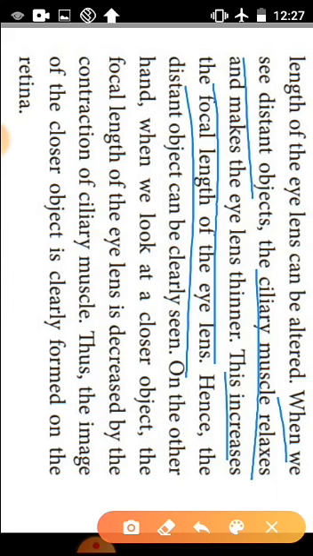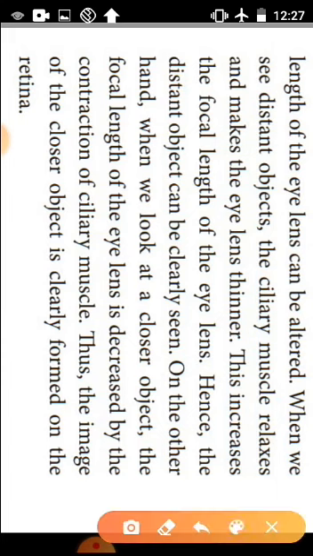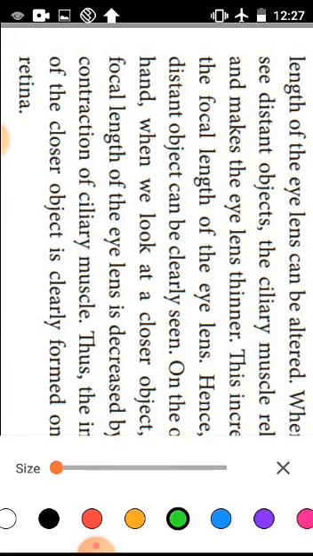A distant object means the object is placed at a long distance.